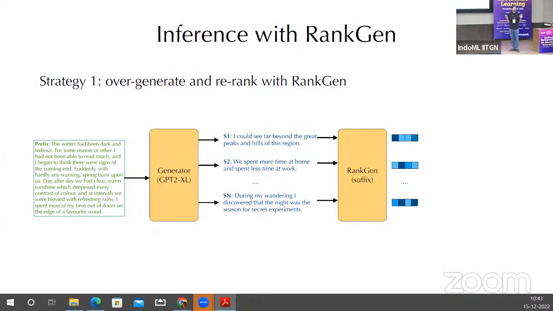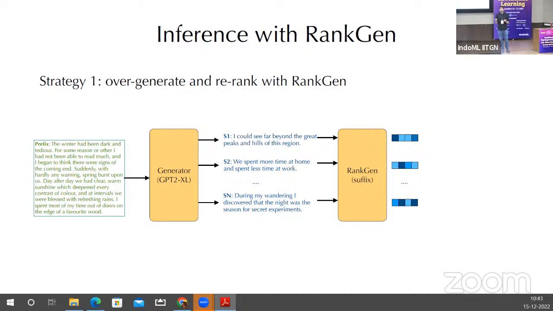So, okay, we've trained this model. How do we actually do generation using this RankGen model? Because it's not a language model, it's unclear how you can generate text from it. We basically integrate it with an existing model like GPT-3 or any other big causal language model. The first strategy is very straightforward.